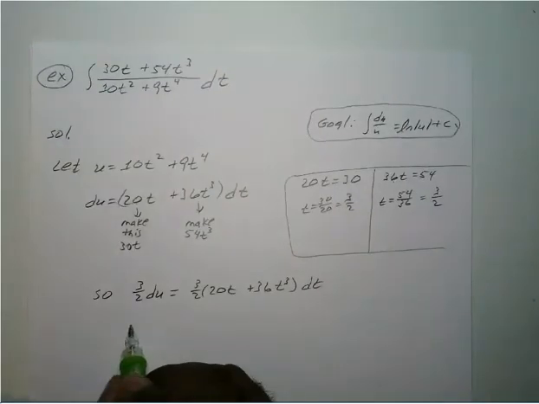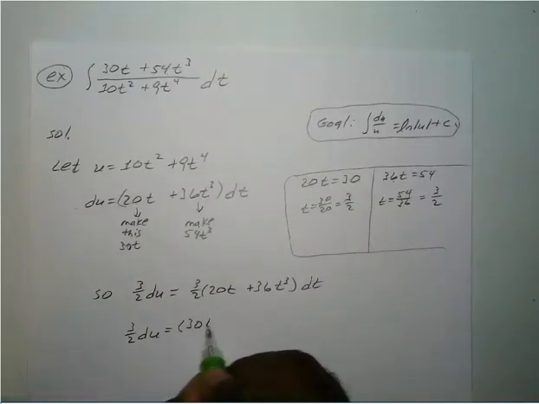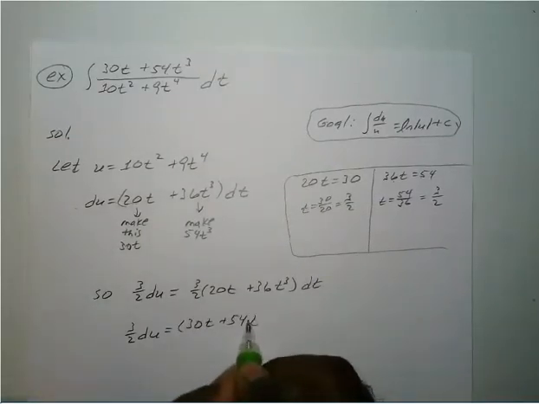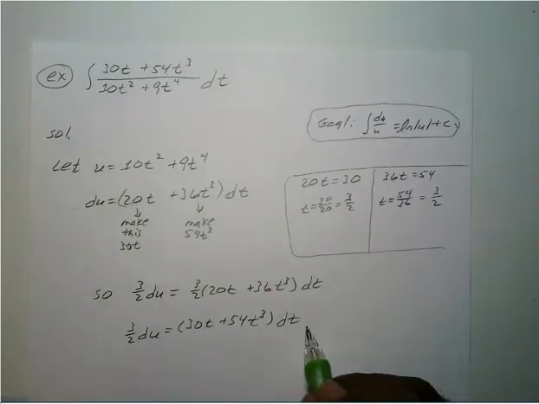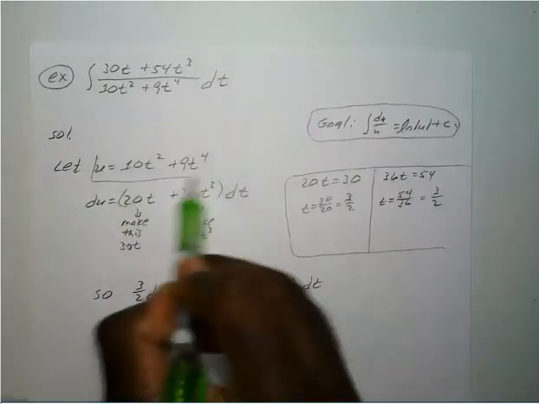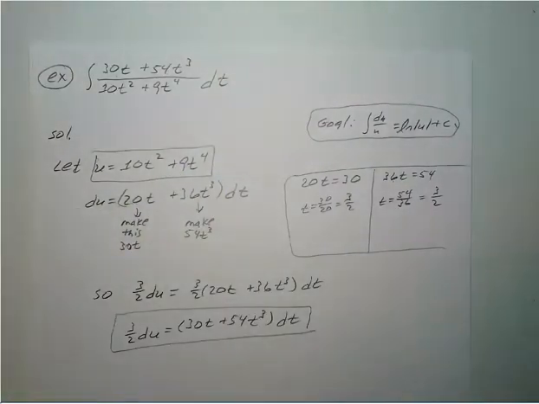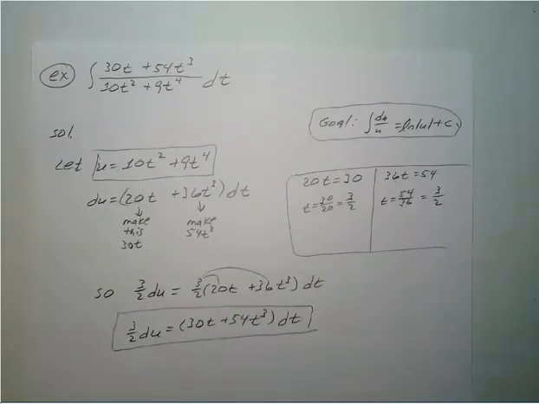Okay, so that means our 3 over 2 du is equal to 30t plus 54t to the third with respect to t. Okay, so those are the two we are going to be using. And again, all we did here was just distribute that out.